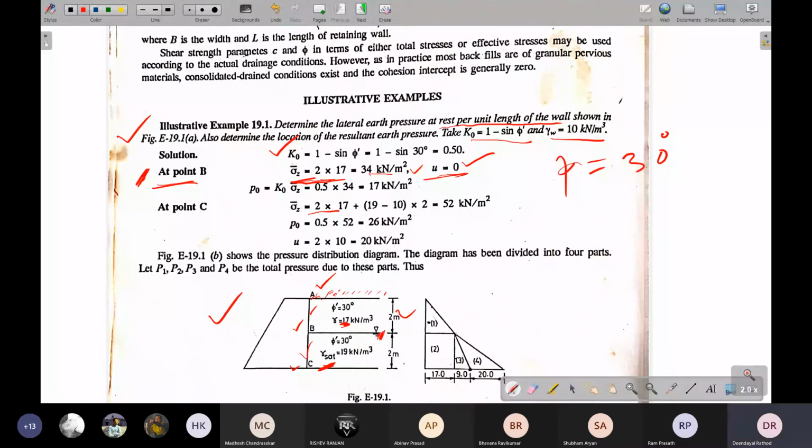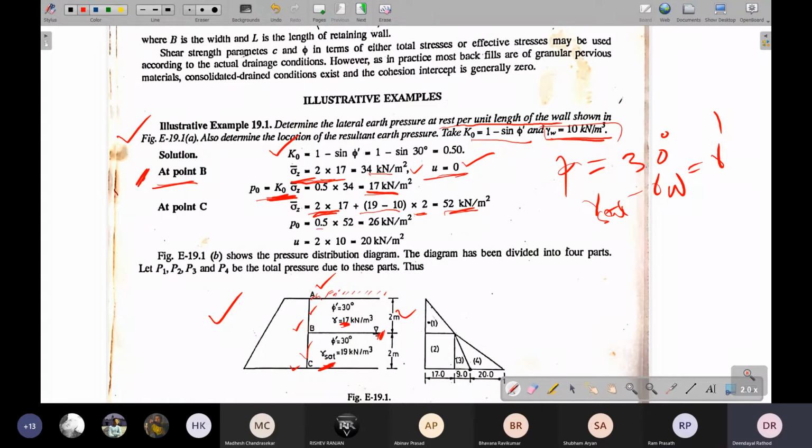What is the pressure at rest? We have to multiply by K naught. You will get 17 at B. At C, 2 into 17, first layer, plus the water table is given, gamma sat minus gamma dash, nothing but 19 minus 10 multiplied by 2, is equal to 52.